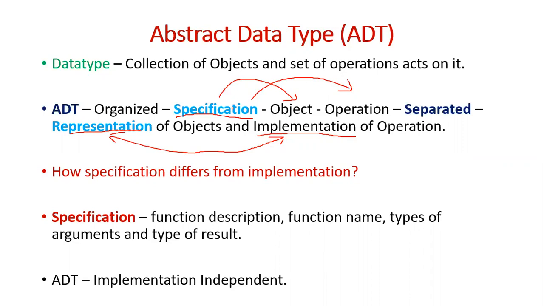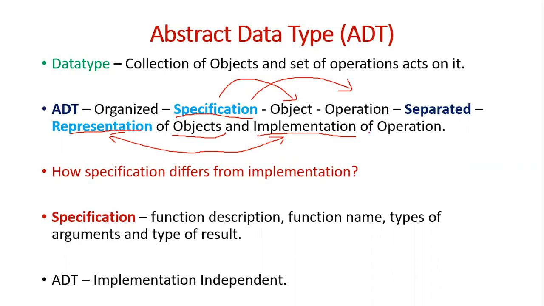And representation of the object and the implementation of the operations means how this object is represented using a particular tool, that is, a programming language. Using a particular programming language, how it is represented internally in memory, and how these operations are implemented.